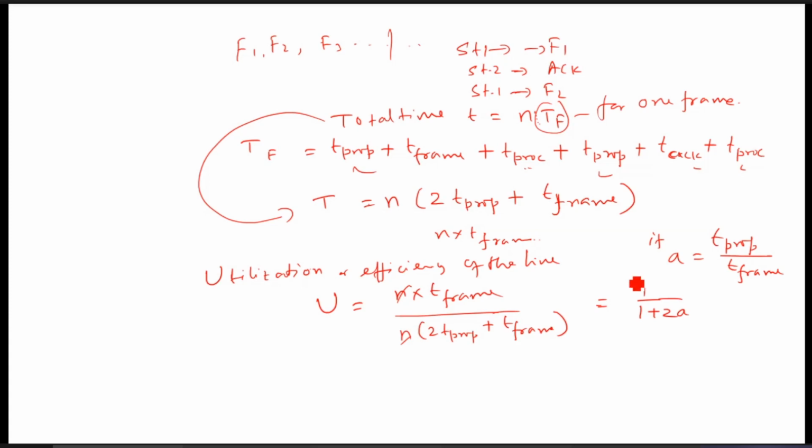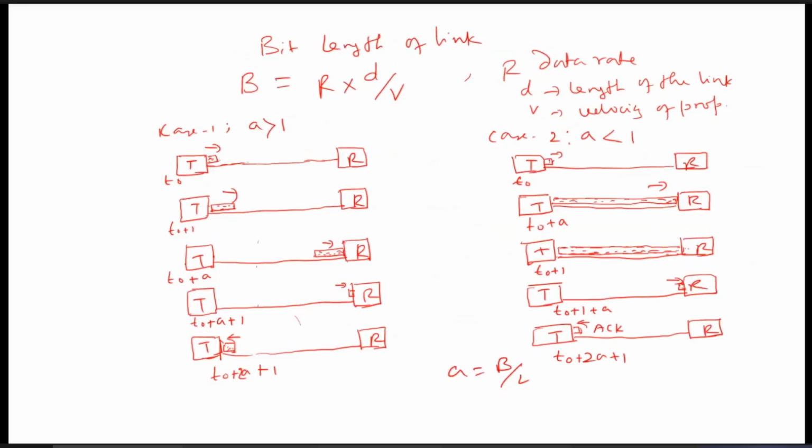The same thing can be understood if we say a less than 1. When a is less than 1, the length of the link in bits is less than the frame transmission.